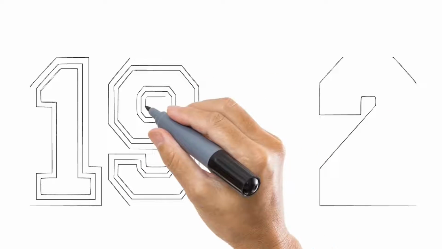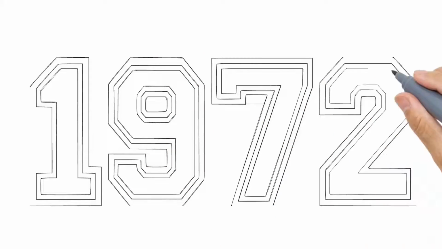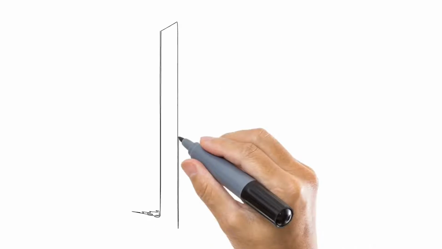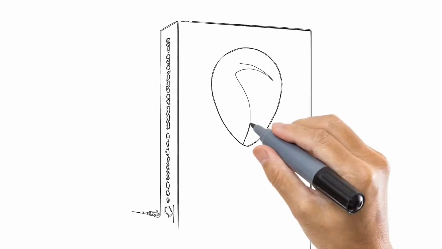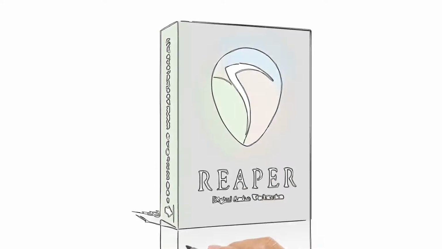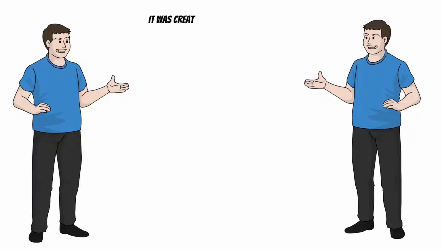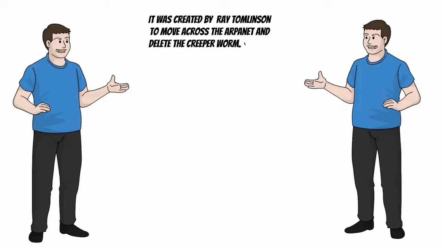It is considered the first computer worm. In 1972, the first antivirus software was created, called Reaper. It was created by Ray Tomlinson to move across the ARPANET and delete the Creeper worm.